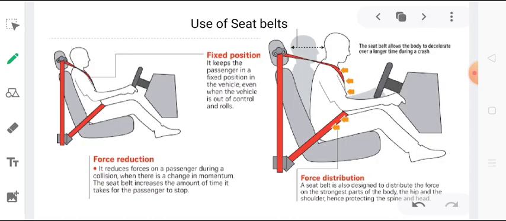Now a situation that we had analyzed using first law: use of seat belts. We had discussed why it is advisable to use seat belts while driving a car, because it saves us from any injury in case of any accident.